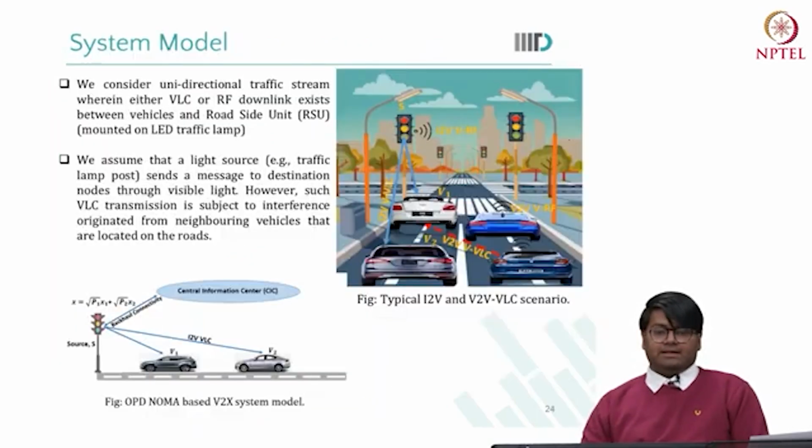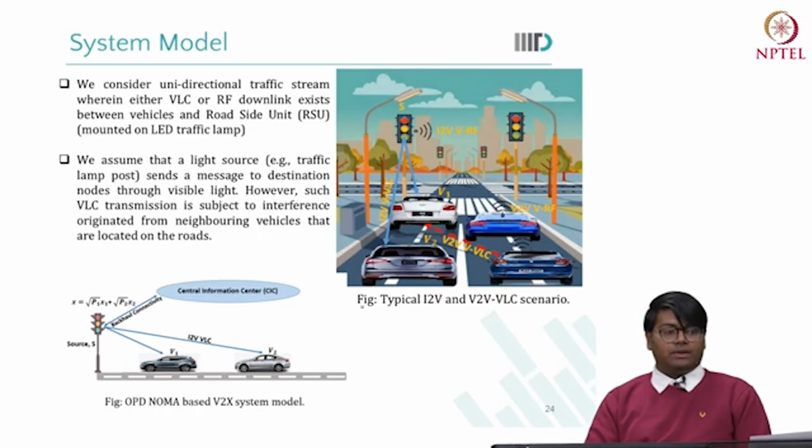Now let us extend the notion of non-orthogonal multiple access in the optical domain, what we call optical power domain NOMA or OPD NOMA. So in this particular system model, we consider a unidirectional traffic stream wherein either a NOMA enabled VLC or RF downlink exists between the roadside unit and vehicle as depicted in this figure.